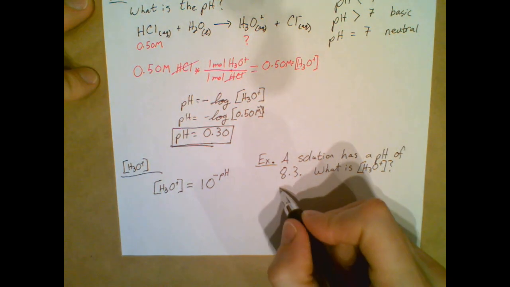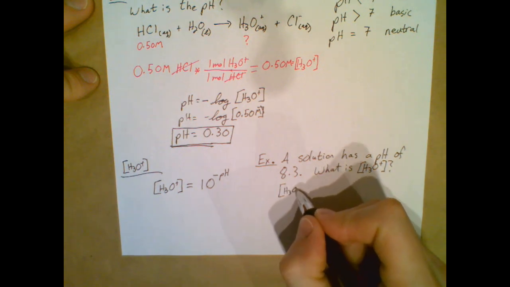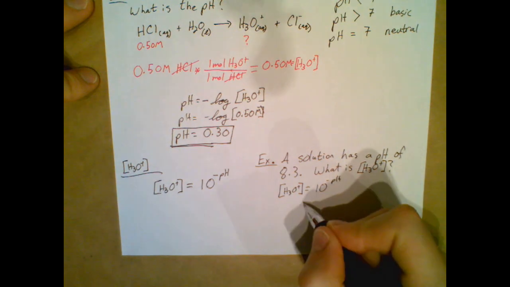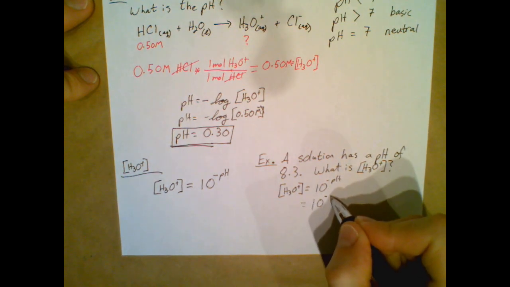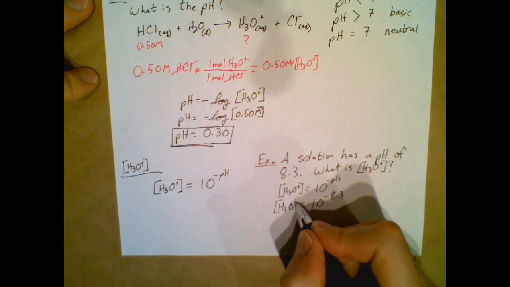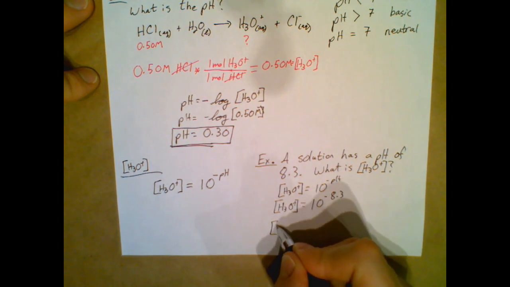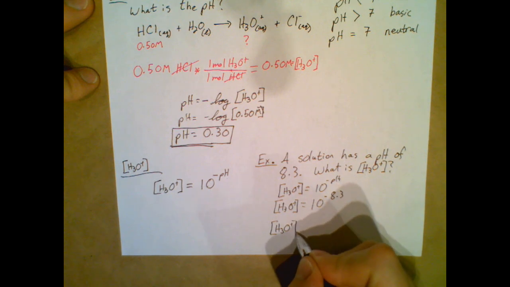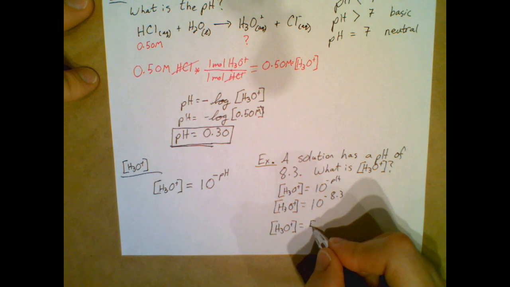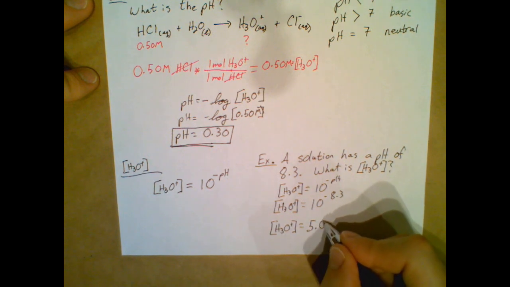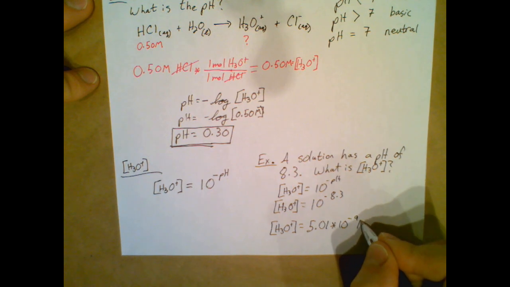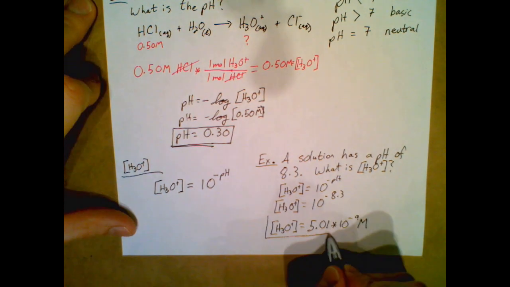Well, all we need to do is plug that into our formula. So 10 raised to the power of negative 8.3 is going to give me my H3O+ concentration. And that is 5.01 times 10 to the minus 9 molarity. And there it is.